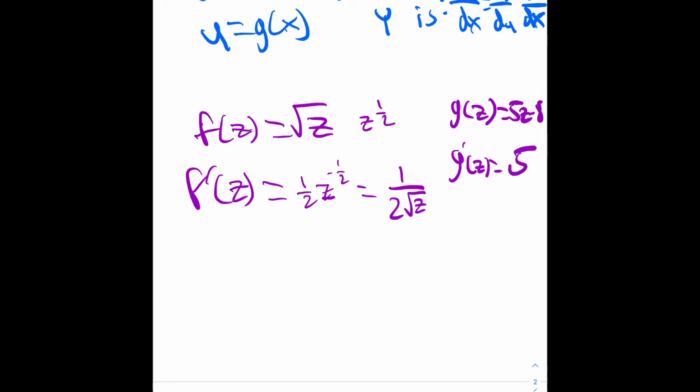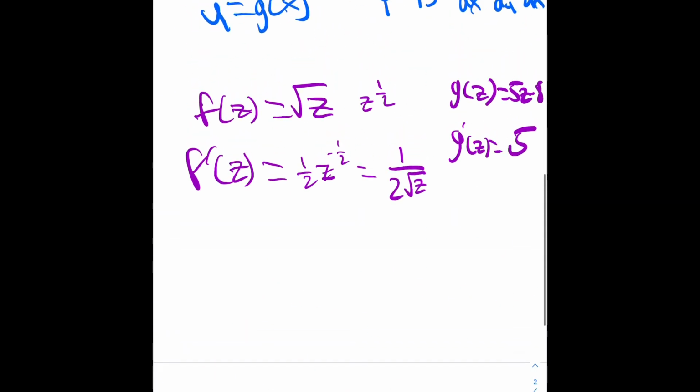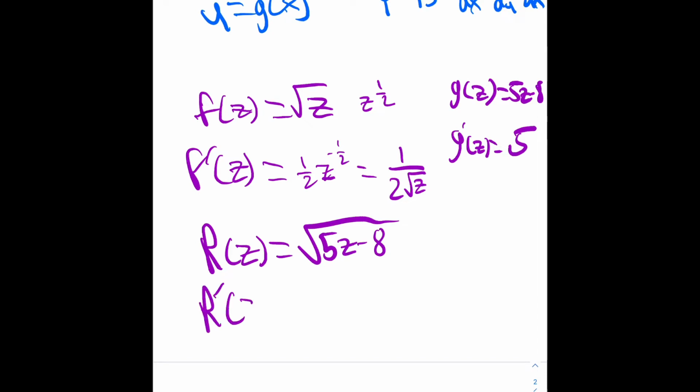So using the chain rule, again, we're using this function right here. If this is r of z, the square root of 5z minus 8, what is the derivative of that? I like to work from the outside in. So I'm going to first focus on this square root function, which is like rewriting it with an exponent of 1/2.